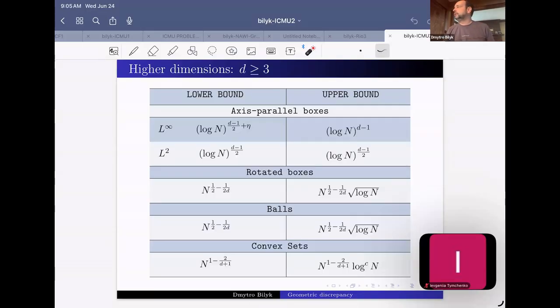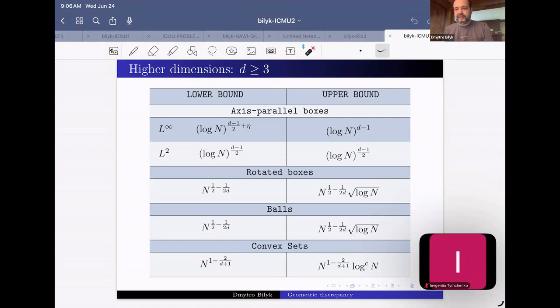For example, if you take the characteristic function of the ball, the Fourier transform of this characteristic function involves Bessel functions, and we know a lot about the decay. And this could be used in discrepancy estimates.